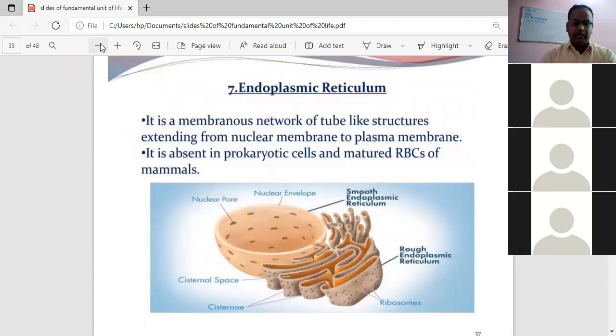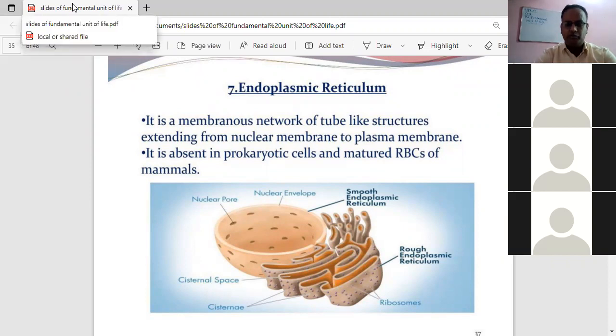Now, students, first of all, the most important thing regarding the endoplasmic reticulum is its location. From the image which is visible to you, can you say where the endoplasmic reticulum is located? Don't say that it is present in the cytoplasm of the cell.